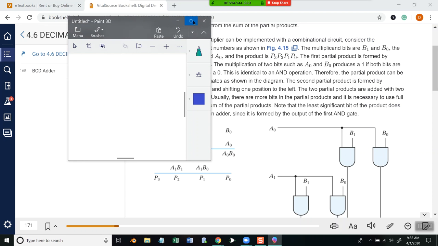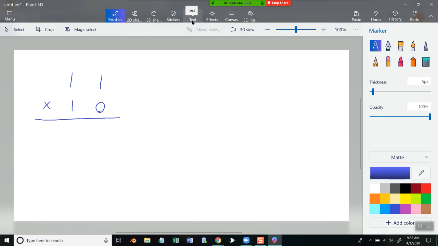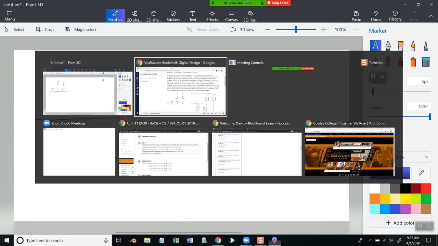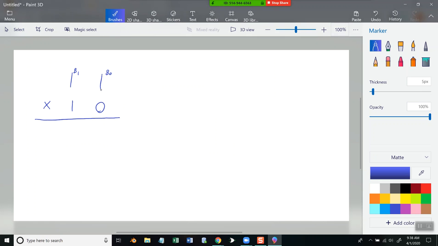I don't know why I'm losing half my screen sometimes. B0, yep. Okay. And this is A1, A1 and A0.